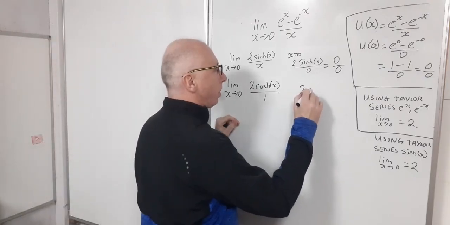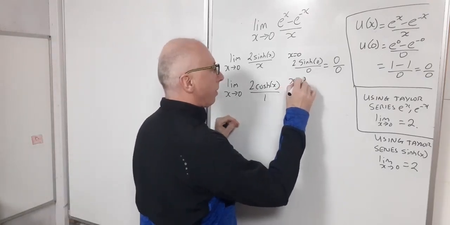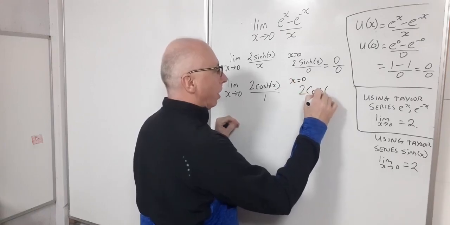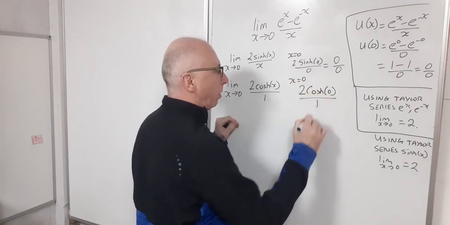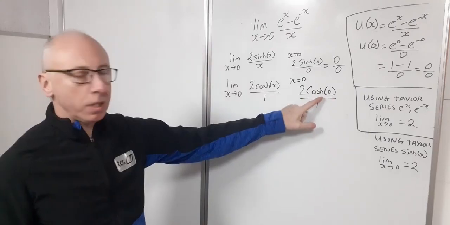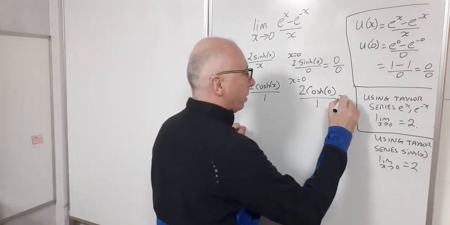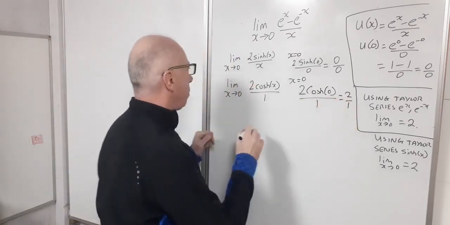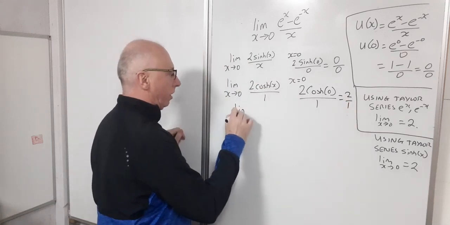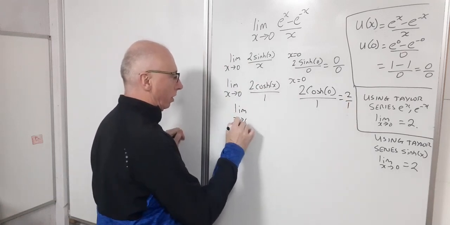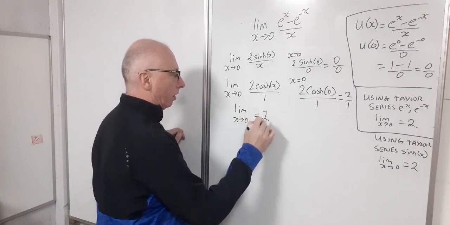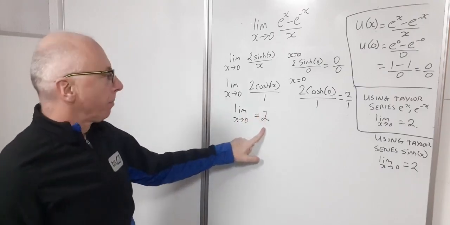So then I've got 2 cosh of 0 divided by 1. Well, cosh of 0 is 1, so that just gives me 2 over 1. So therefore my limit there is going to give me 2.